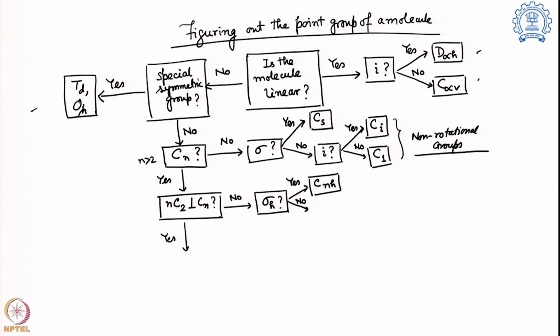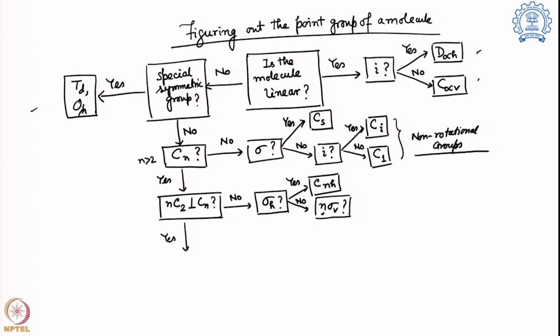And if this molecule does not have a sigma h, the next question I ask, do you have n number of sigma v's present? Because if the molecule has a principal axis of rotation Cn, n is the integer which comes from 360 degrees divided by the angular rotation which allows us to achieve a superimposable and indistinguishable configuration. If it has them, it will have all n of them or nothing.